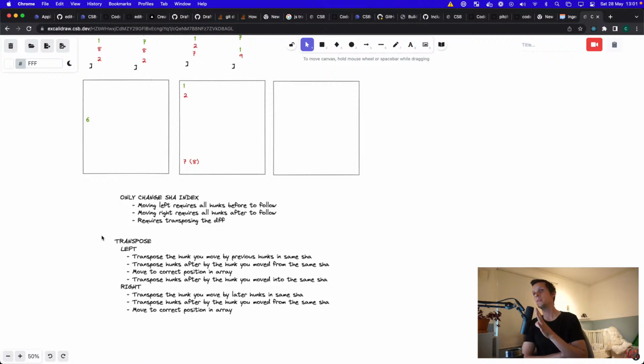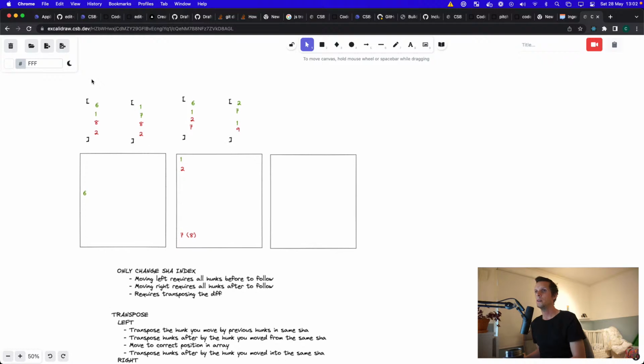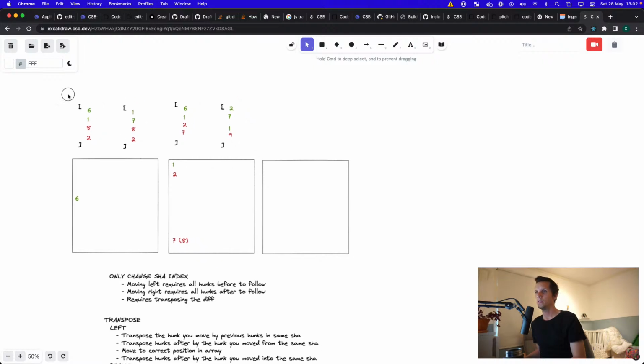So there's a different way to think about this. That's also possible because often it's more difficult to do incremental changes. So what I mean is, we could keep a reference to the original array.